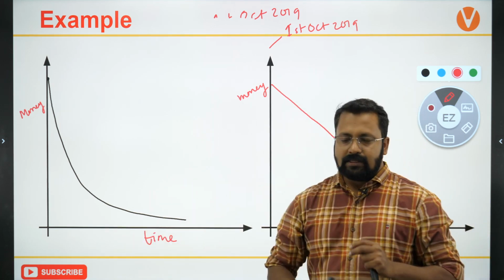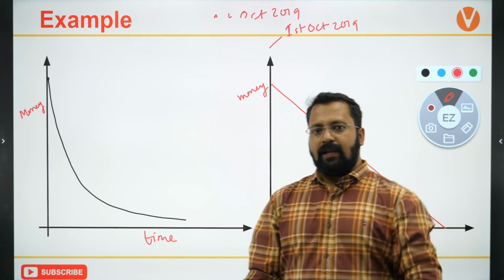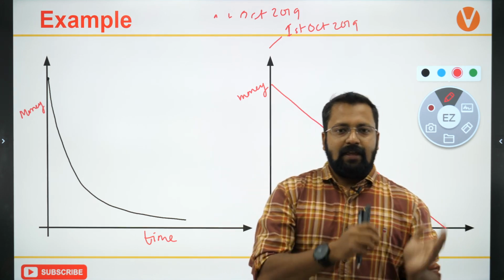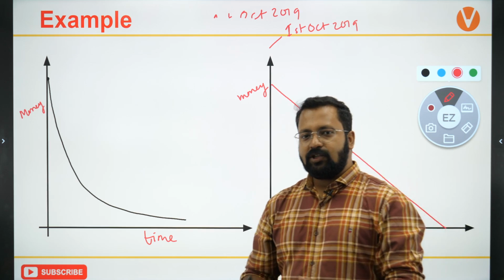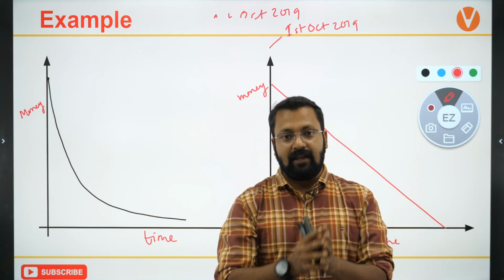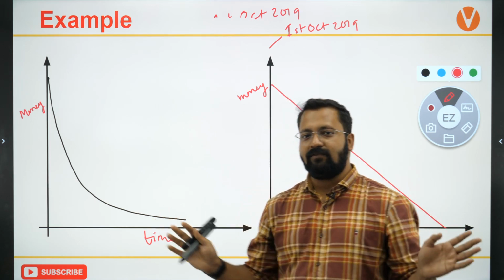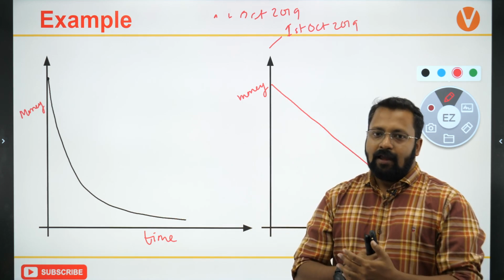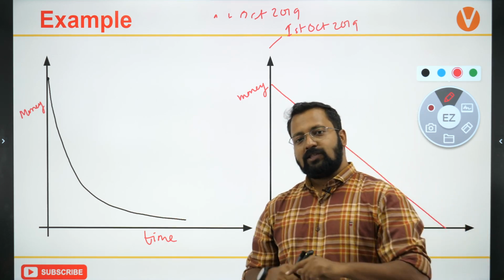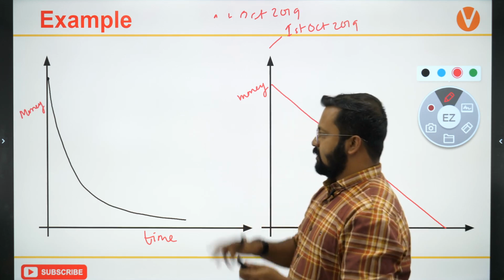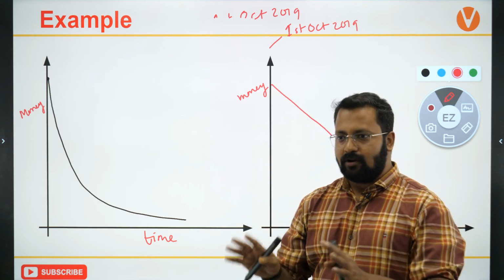Now the point is, if Preetham gets more money, let's say in the next year his parents become more happy and they give him 20,000 rupees or probably 25,000 rupees for spending, Preetham would be more than happy and he'll spend even faster, because his habit is that he wants to chill out with his friends.